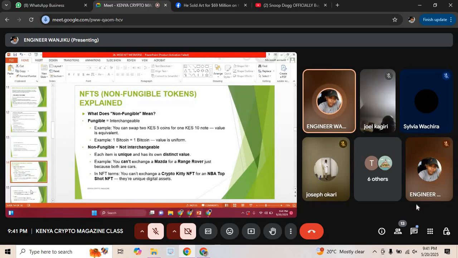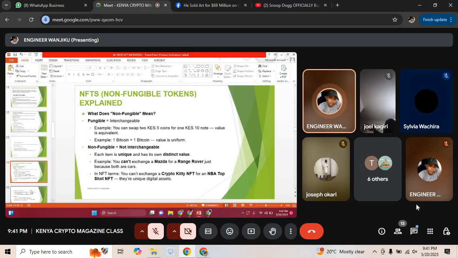So it is interchangeable because the value is equivalent. Example, 1 Bitcoin equals 1 Bitcoin because the value is uniform.